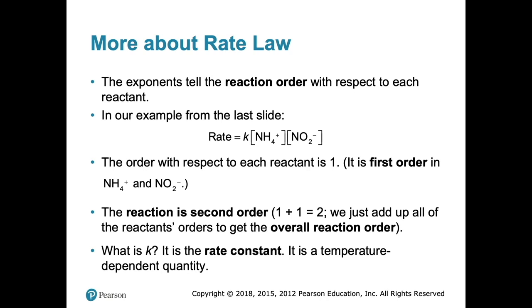Imagine that there's a 1 up here, and also a 1 here too, because the reaction with respect to nitrite is also 1. When you double the concentration of either the nitrite or the ammonia, you get a double in the rate of the reaction. So that's where those 1s come from.